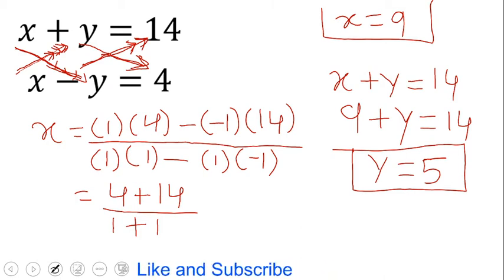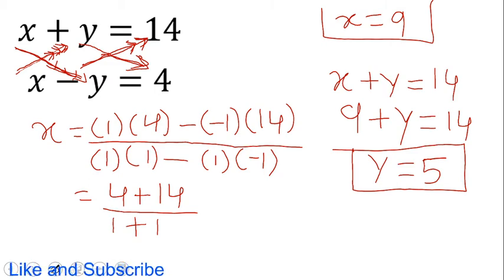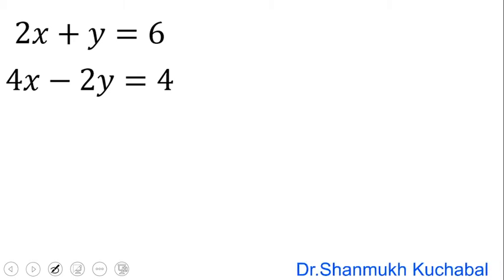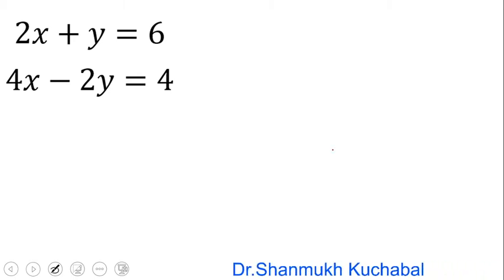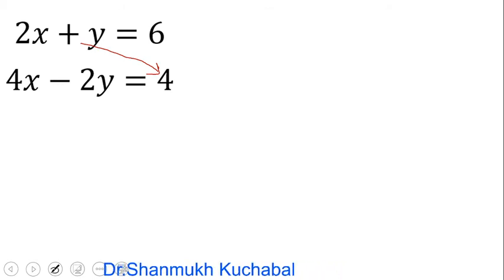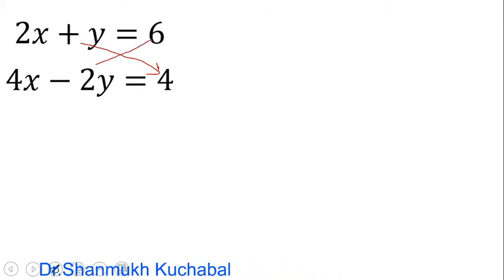So this is a shortcut trick for solving any system of linear equations with two unknowns. One more example we'll study. Here the equations are 2x plus y equal to 6, 4x minus 2y equal to 4. The first step is the y coefficient with the RHS element. Next, the y coefficient with the RHS element, two arrow marks I have used.